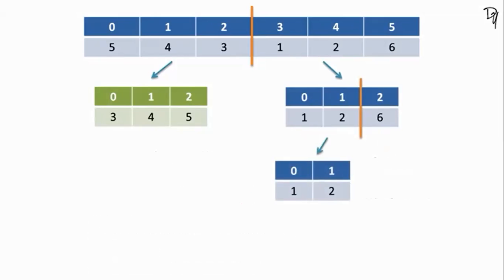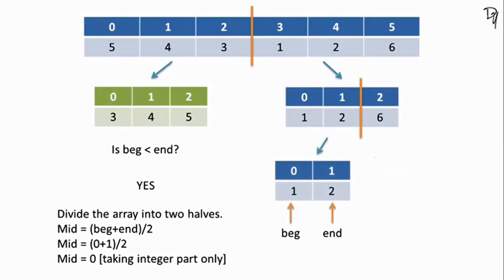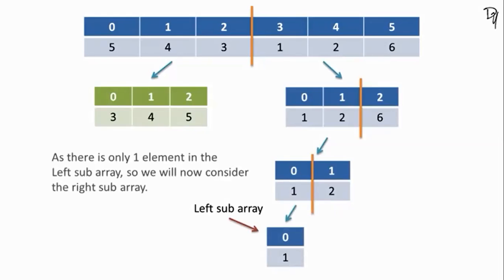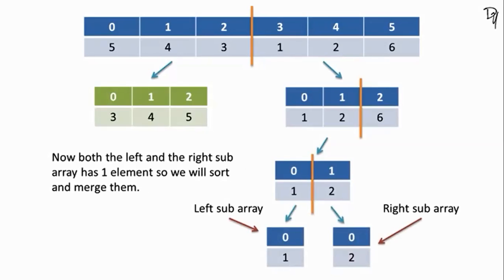So again the left sub half has more elements, checking with beginning less than end, yes, finding the mid position, considering only the integer part. Then these two will be separated, left subarray and right subarray. Because the left side has only one element, now we can concentrate on the right subarray. Again, the right subarray is also only one element.